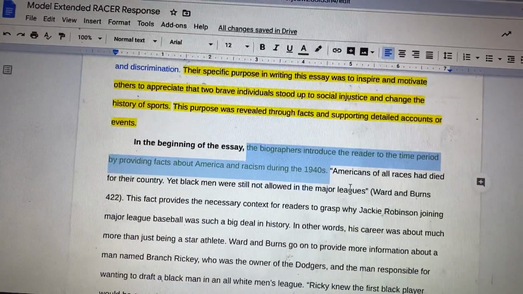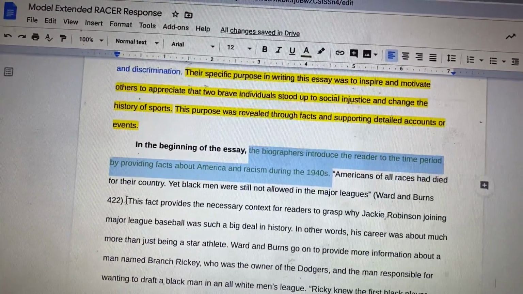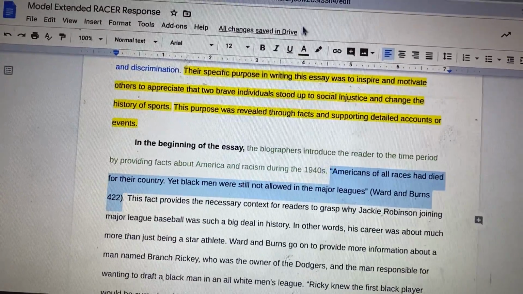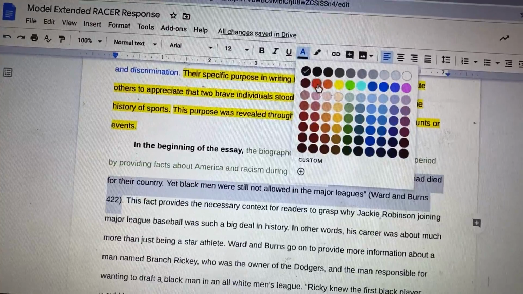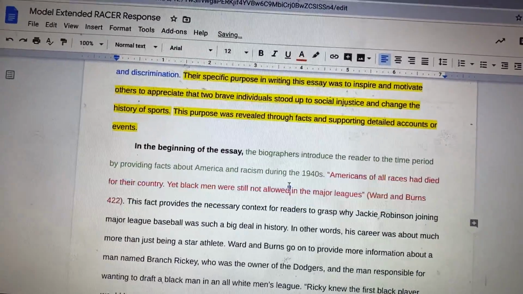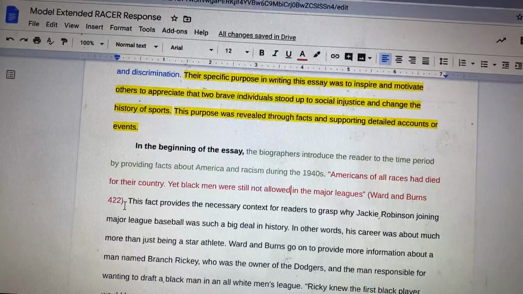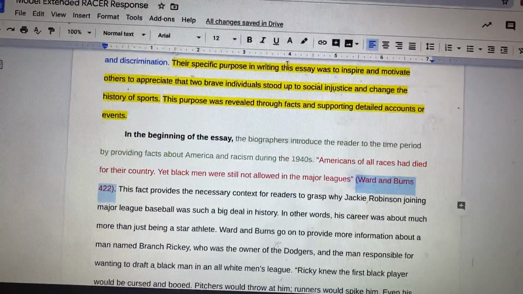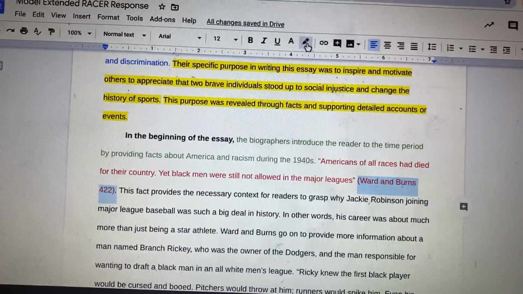Okay, then I went on to cite my first piece of evidence. And my key told me to make my evidence red. And then just so that you can make sure you're doing this, I wanted to make sure that my MLA citation was there. We should be really used to using this now, so I'm just going to highlight that.